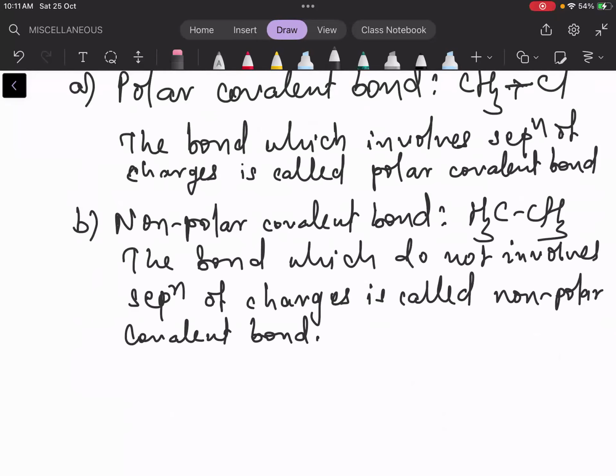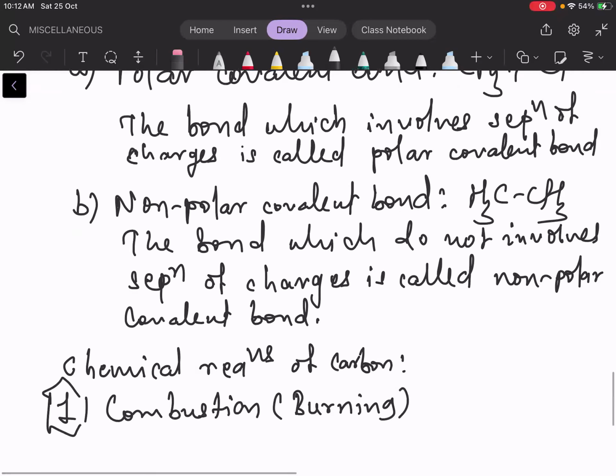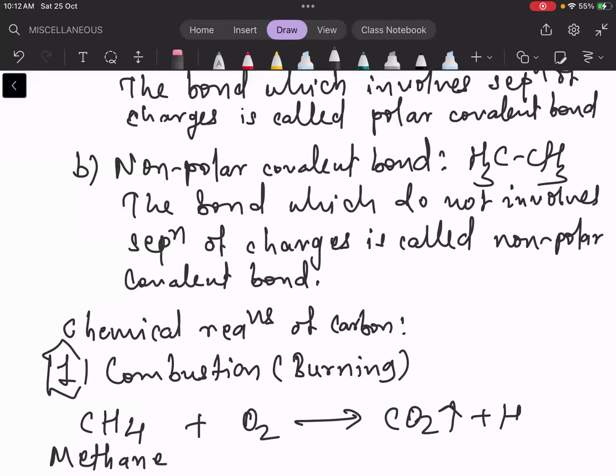The next topic is chemical reactions of carbon. Carbon undergoes reactions, like first, combustion. Combustion means burning. For example, methane, CH4, combines with oxygen, forming CO2 and water.